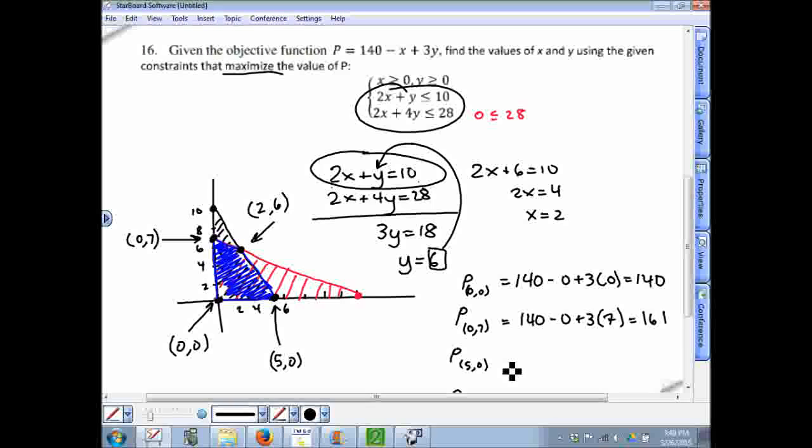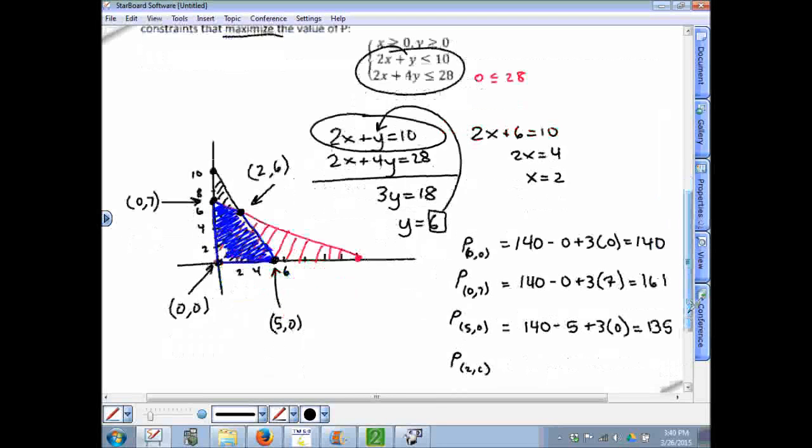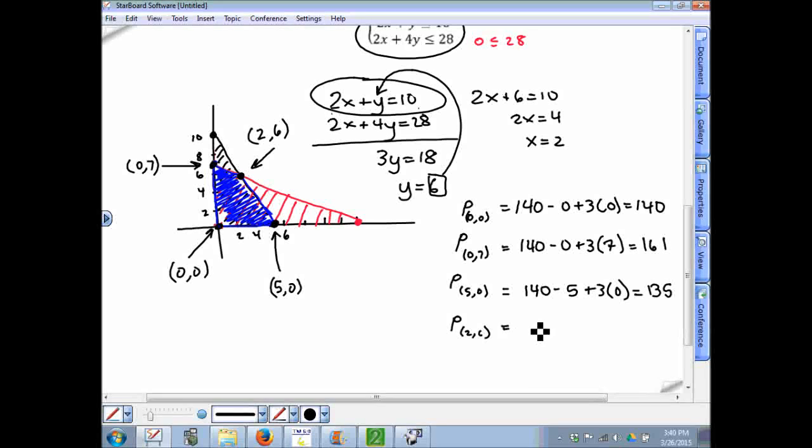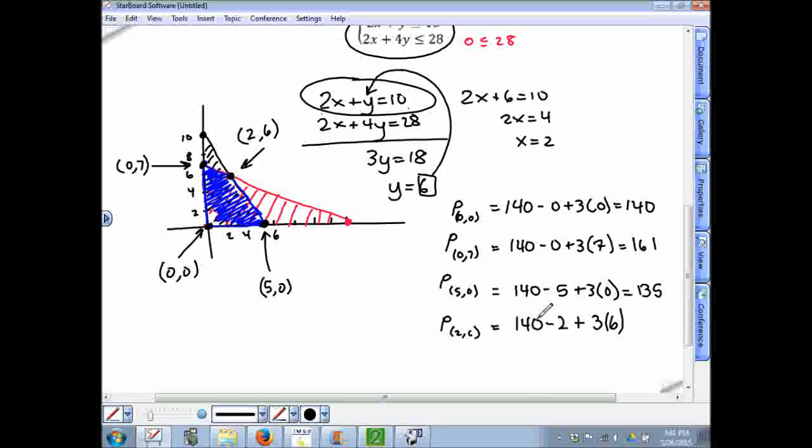That's 161. If you plug in 5, 0, it's 140 minus 5 plus 3 times 0, which is 135. Plug in 2 comma 6, you get 140 minus 2 plus 3 times 6.